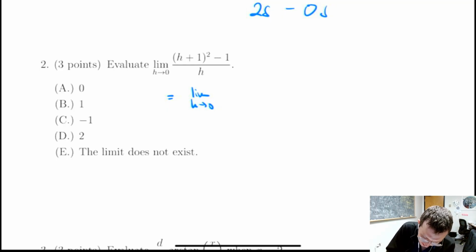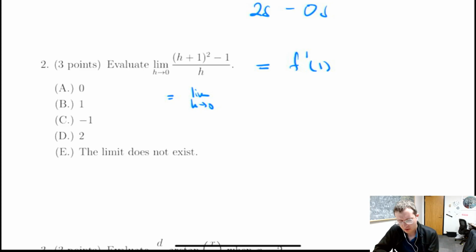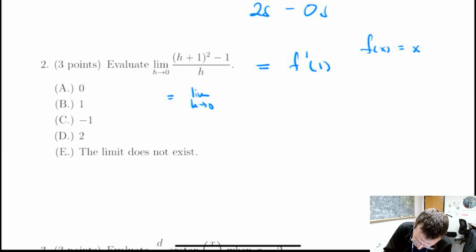I recognize this as the derivative of a function evaluated at 1, where f of x is x squared. Is that right?